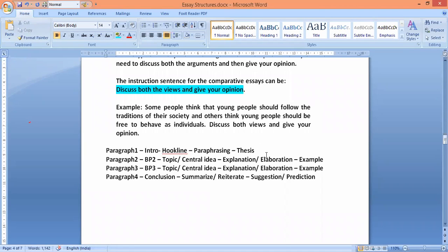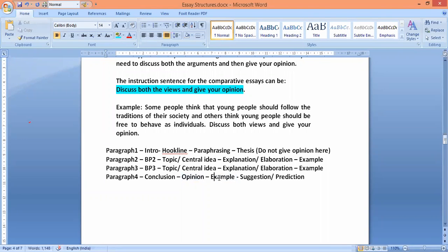So in the thesis, what do you write? Generic. Do not give opinion, example, suggestion or prediction here.